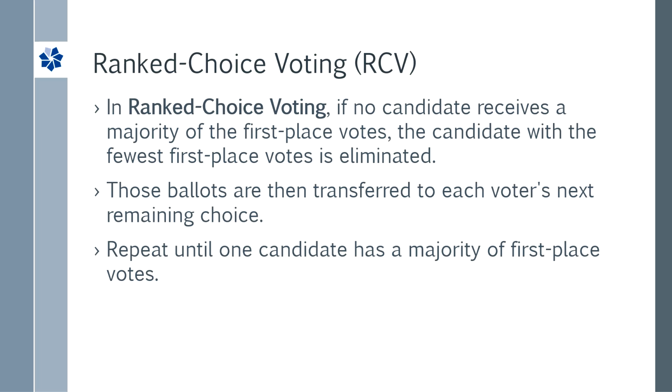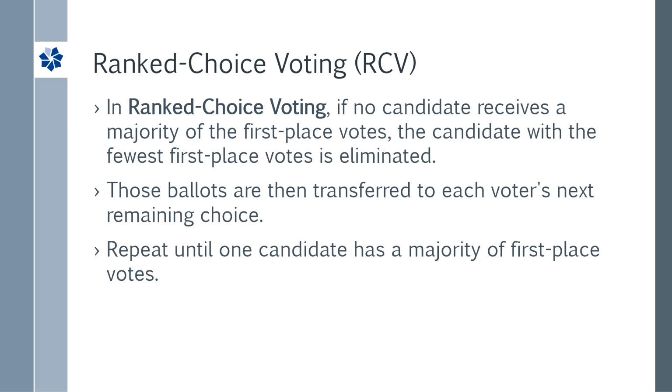Ranked choice voting has the advantage that nobody has to come in for a runoff election. So if there were 3 or 4 candidates in a race and nobody received a majority, normally there'd be a runoff election between the top 2. And then everybody has to come back to the ballot booth or the voting center on a predetermined day, which isn't always convenient, right?